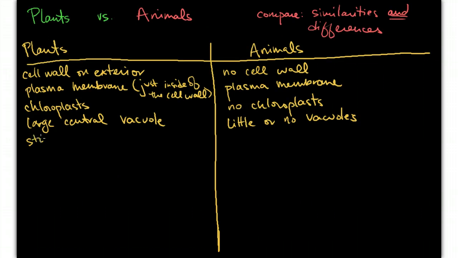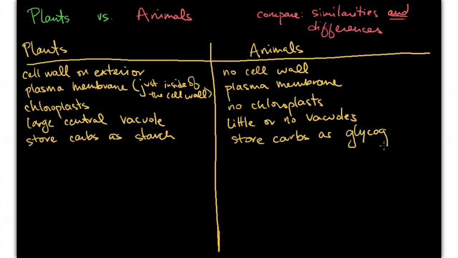Plants store carbs or carbohydrates as starch, like in things like potatoes that we eat. Animals store carbs as glycogen. So that's a pretty good connection back to our biochem unit. We're talking about our carbohydrates. Look back at your notes on carbs and sugars.